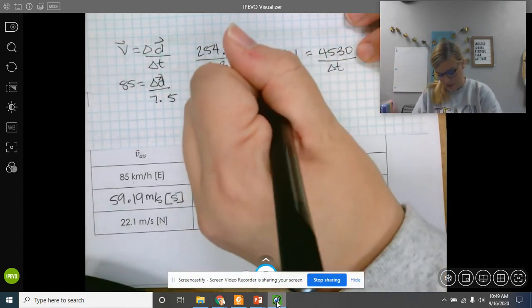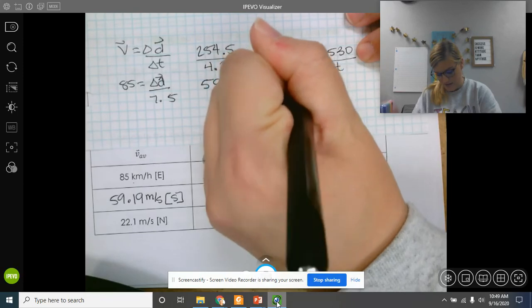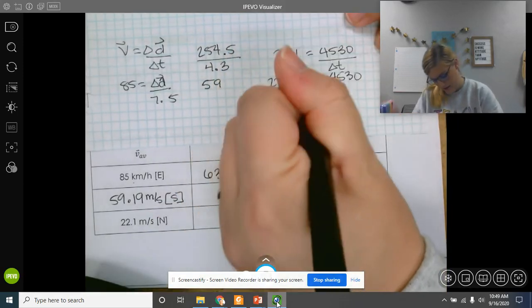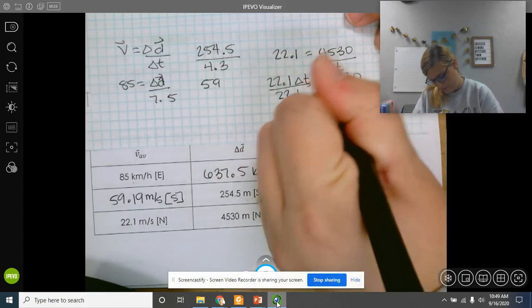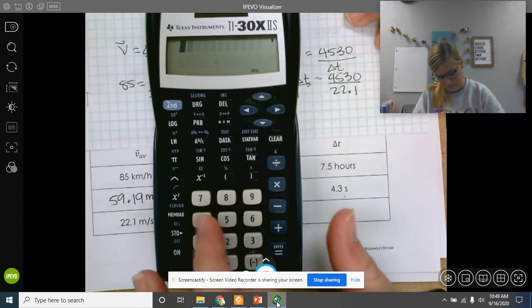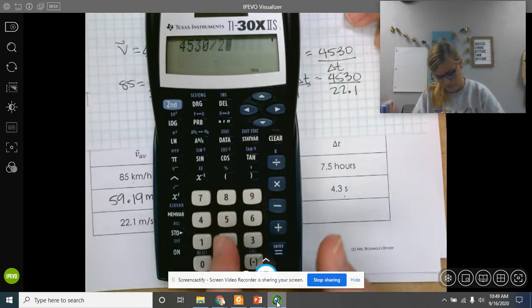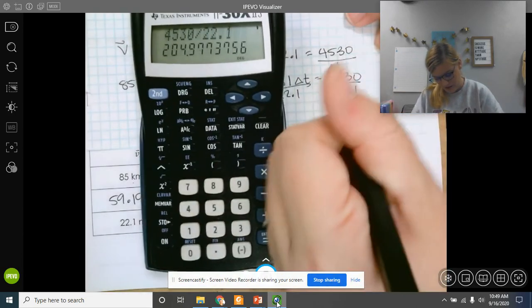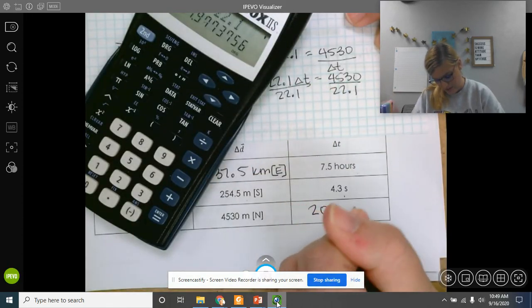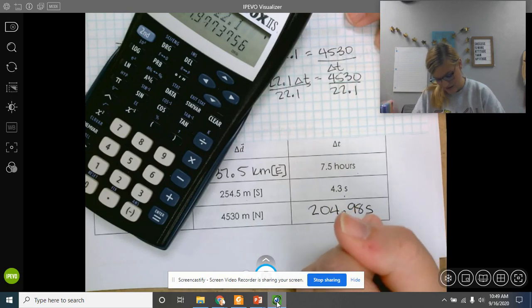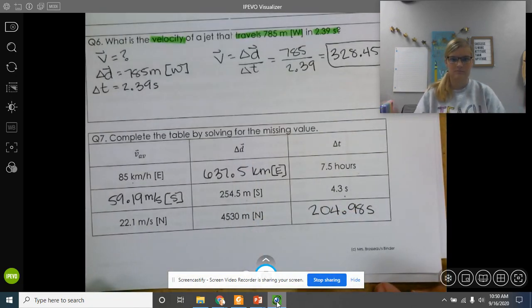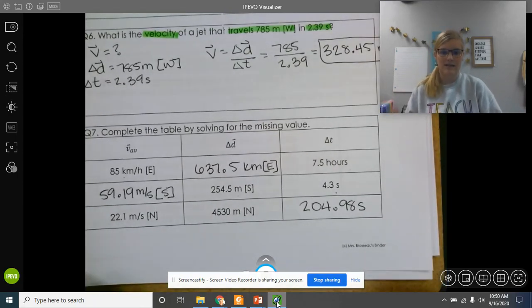Now I can multiply my delta t over and then divide by my 22.1. And I get 204.98 seconds. So there you go. If you have any questions on how I did any of those, please let me know.